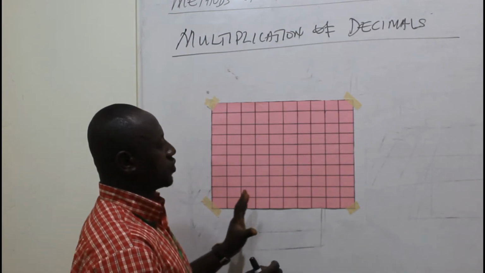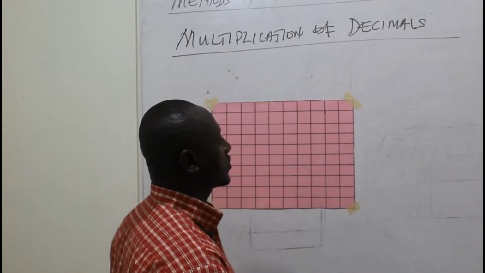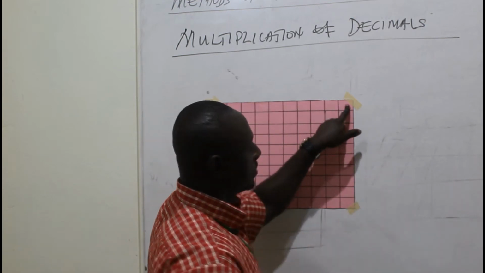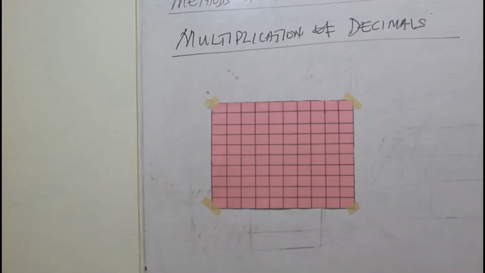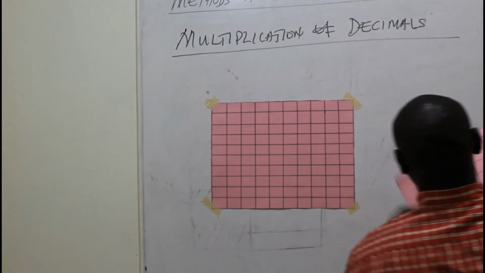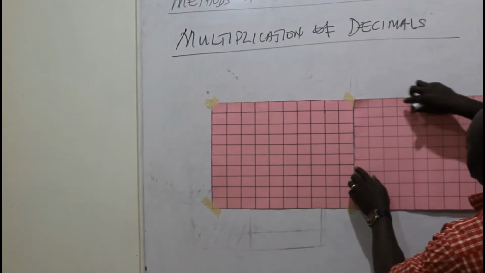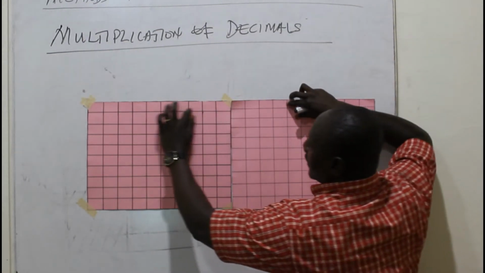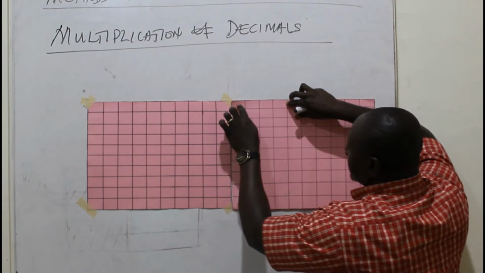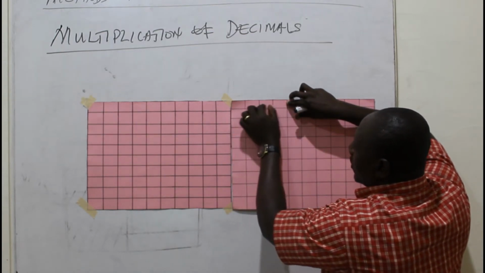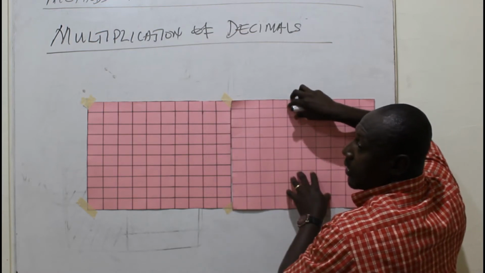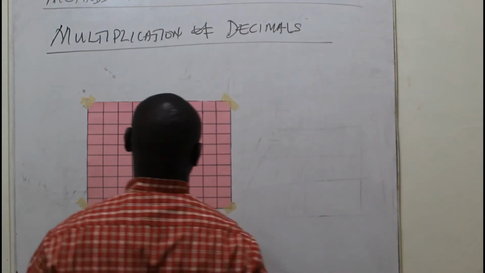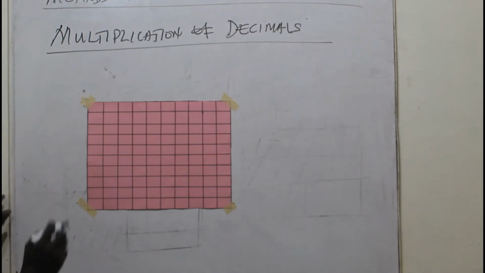So if I want to continue and say get 1.4, then it means that I'll need this as 1.0 and then add 4 of these to represent the 1.4. So the whole of this is going to be 1.0 plus 0.1, 0.2, 0.3, 0.4 added to this to give me 1.4.